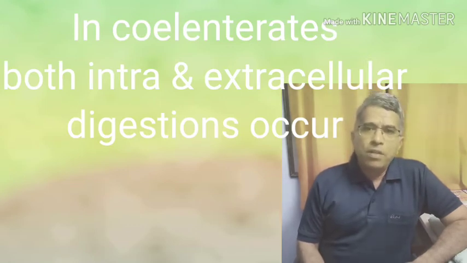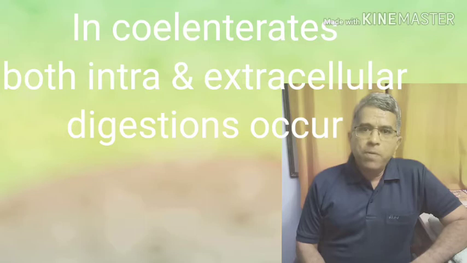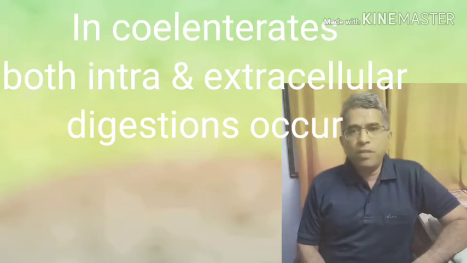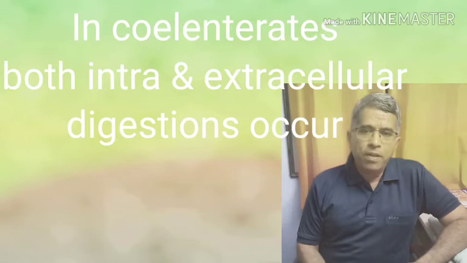In Hydra, the digestion first occurs within the gastrovascular cavity and later it is completed inside nutritive muscular cells. So we can say that coelenterates are the connecting link between extracellular digestion and intracellular digestion.